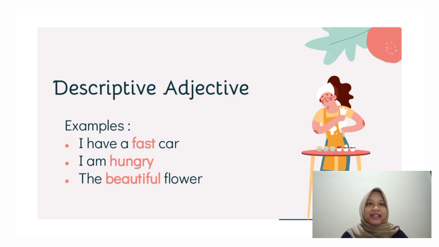The second is, I am hungry. The word hungry here is providing information about the subject, and the subject is I. And the last is, the beautiful flower. The word beautiful here is describing an attribute of the flower.